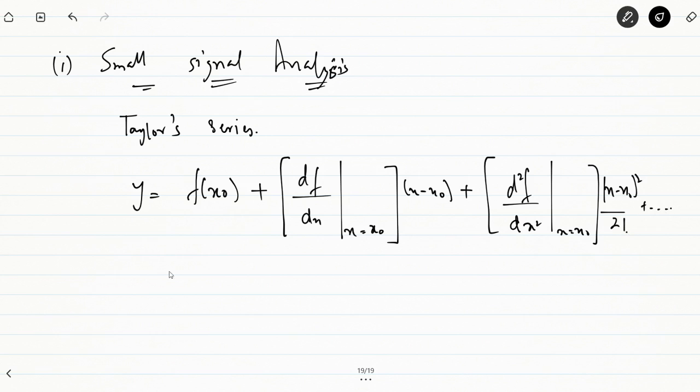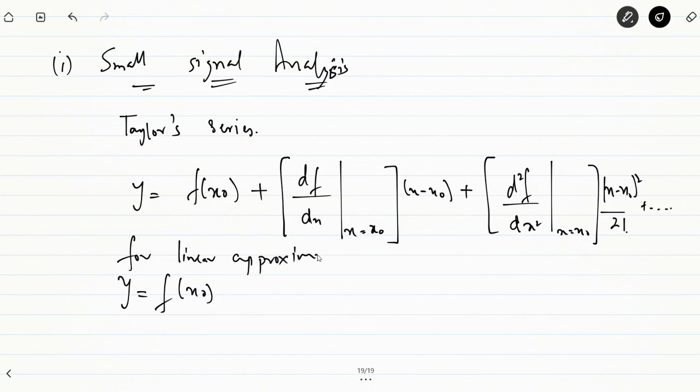So this is the Taylor series, but as I said to you, the first two terms of this Taylor series are actually sufficient for us to approximate the linear behavior. For linear approximation, we only take the first two terms.